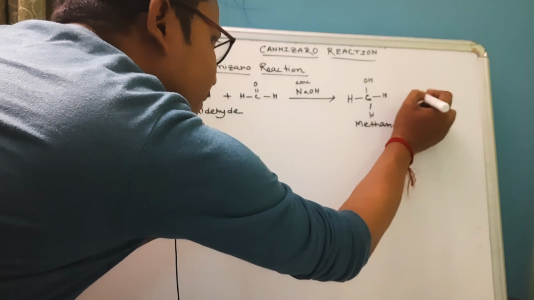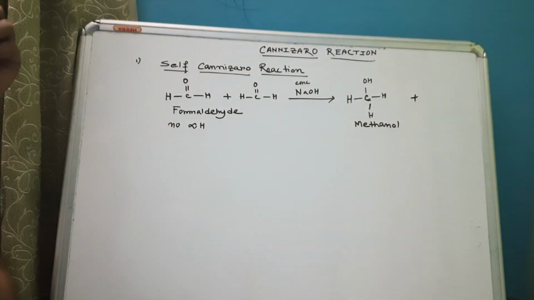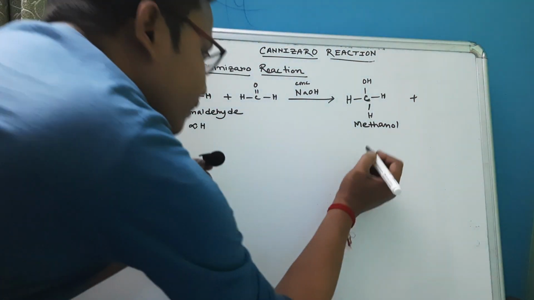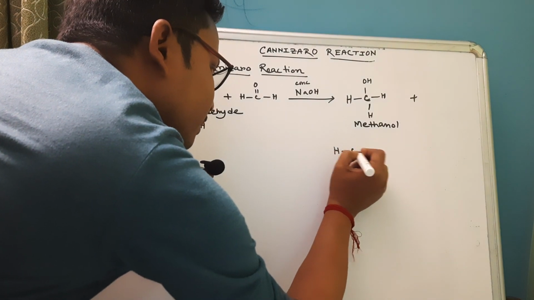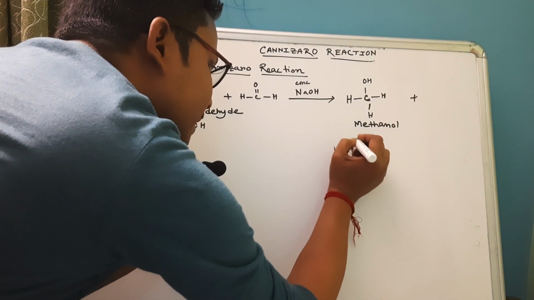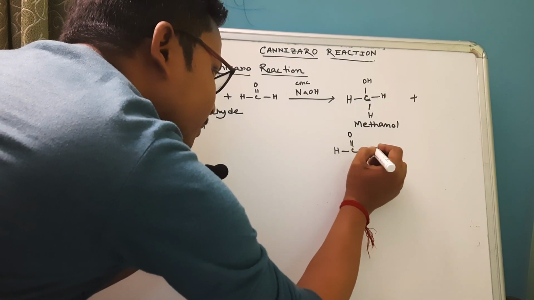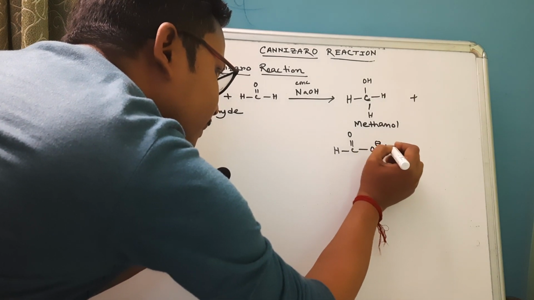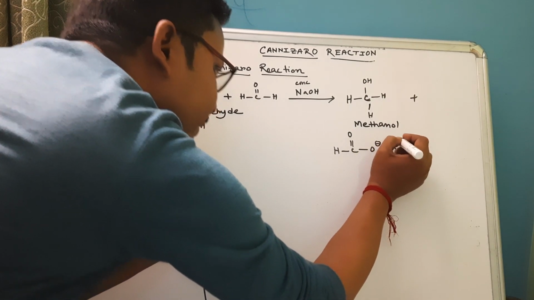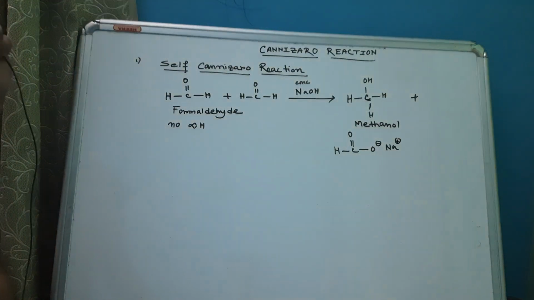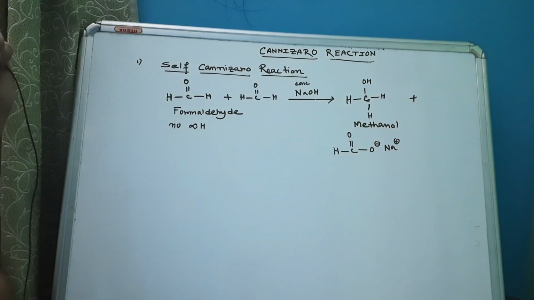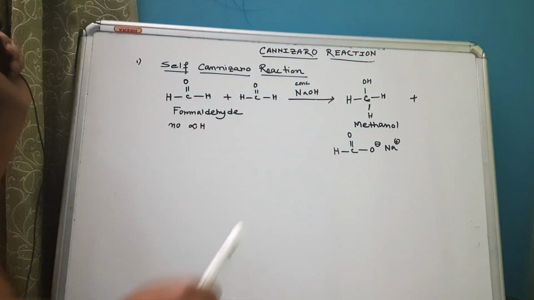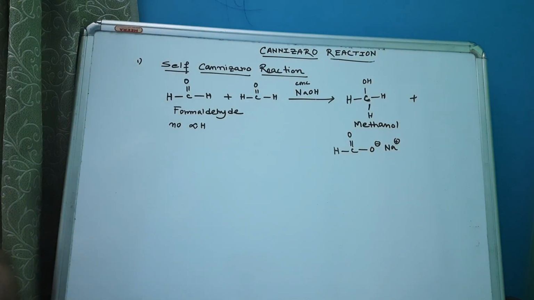And another molecule of the aldehyde becomes the salt of the corresponding carboxylic acid. I have taken concentrated sodium hydroxide here, so the corresponding sodium salt of this carboxylic acid is formed.